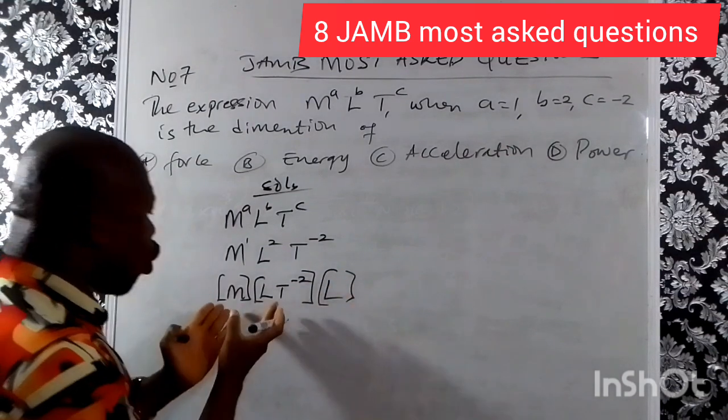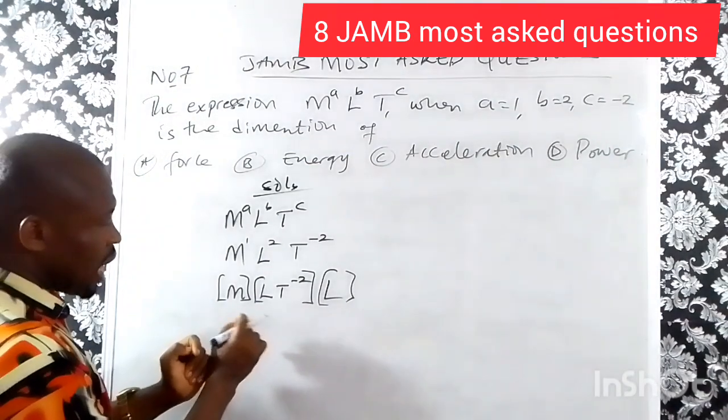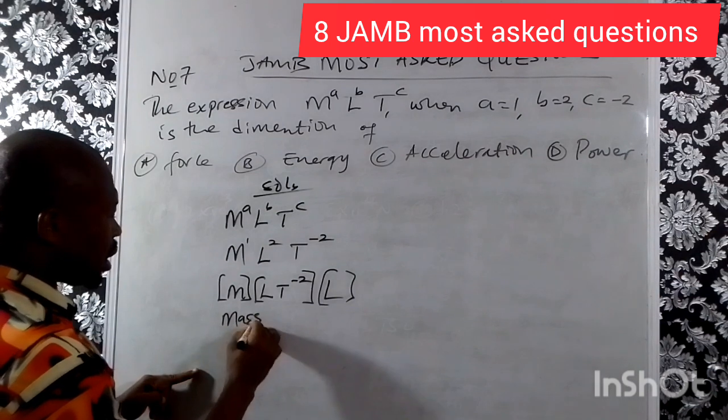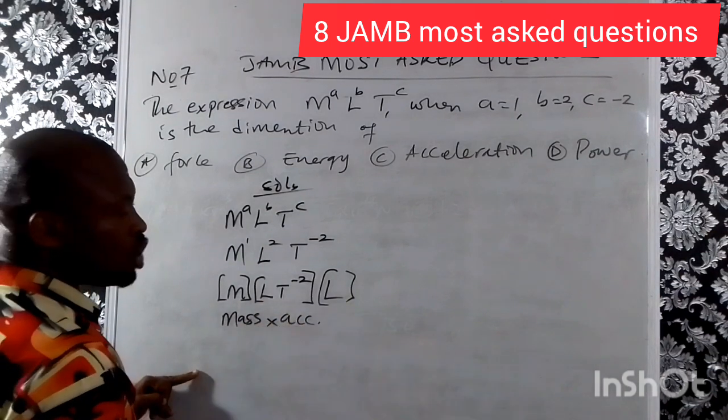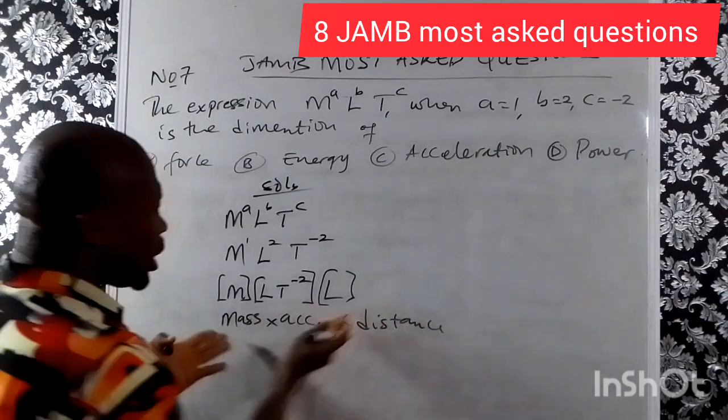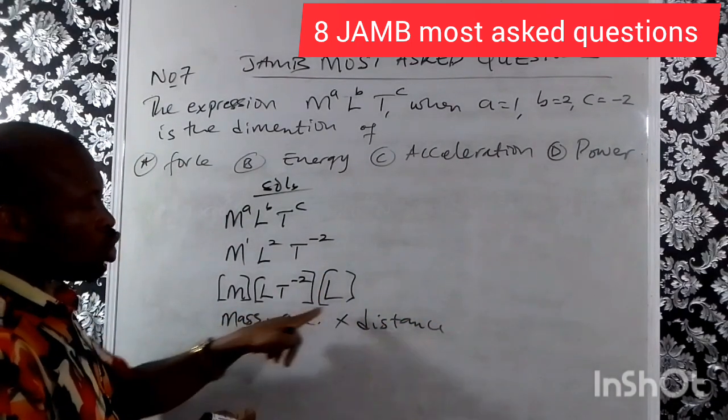Now, we group this. This one is mass times acceleration multiplied by distance. That is what this thing means. Mass times acceleration multiplied by distance.